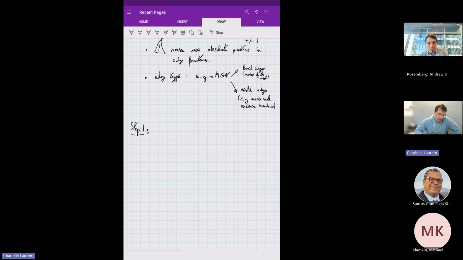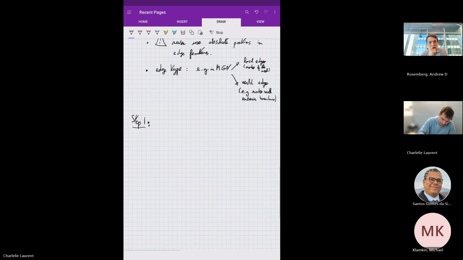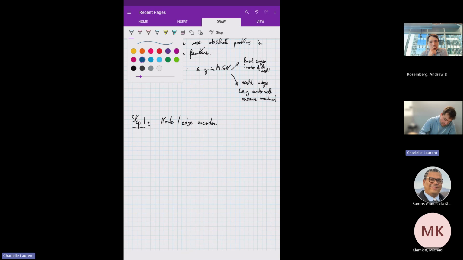So the next step is the node and edge encoder. In that step it's actually extremely easy.